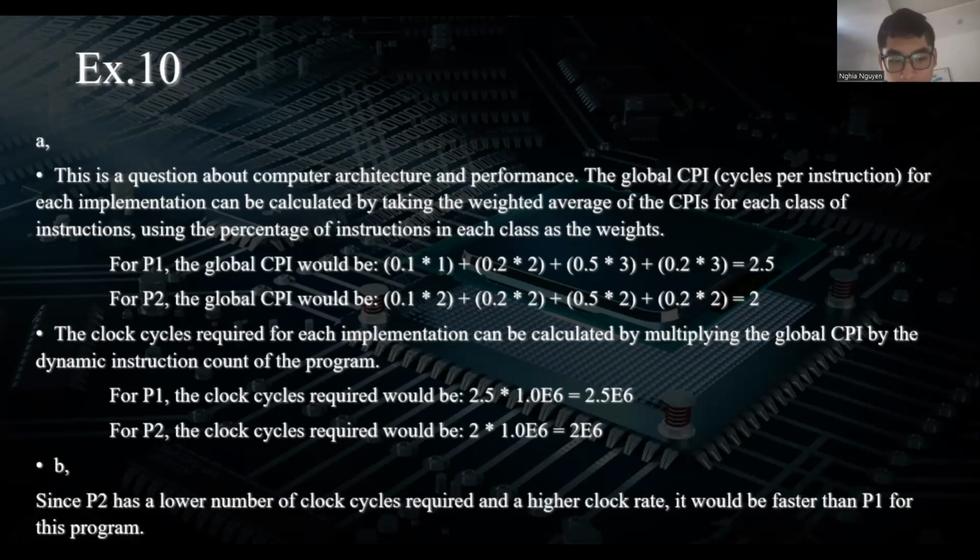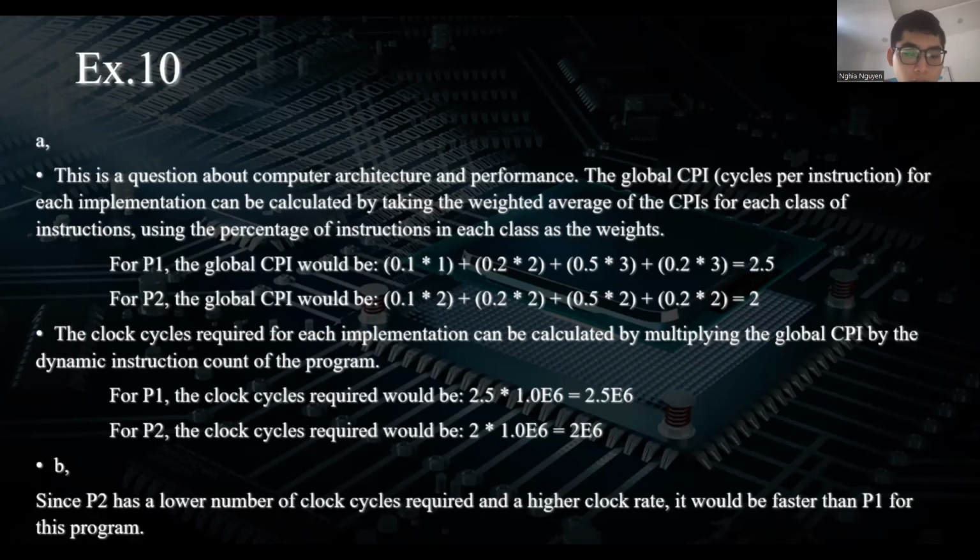The clock cycles required for each implementation can be calculated by multiplying the global CPI by the dynamic instruction count of the programs.